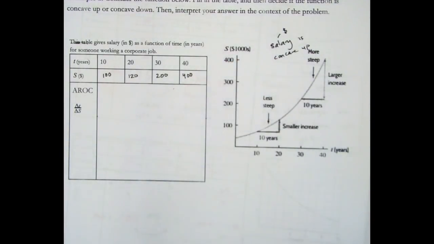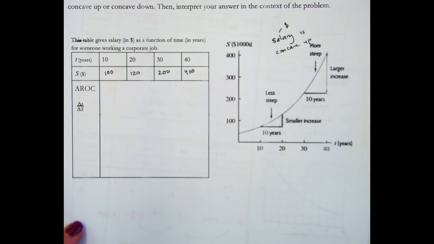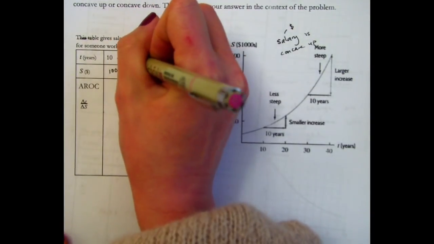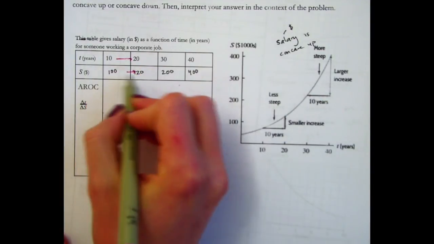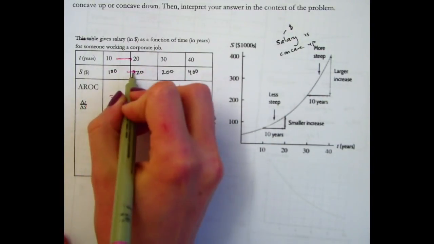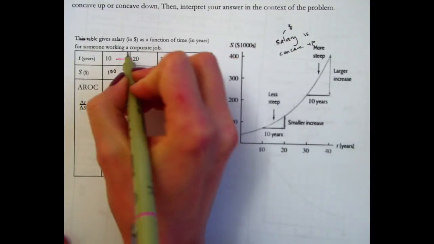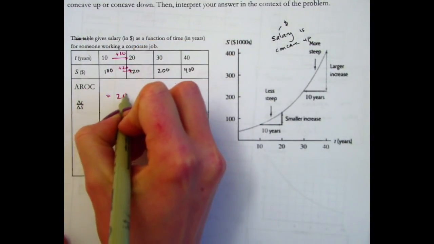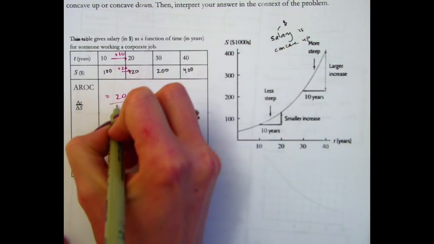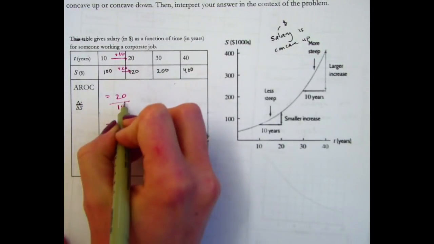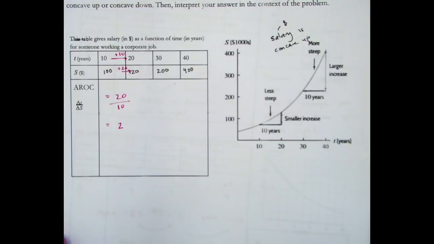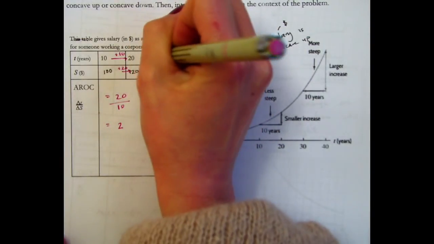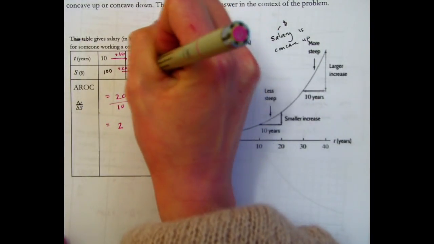Okay, I'm going to go ahead and calculate my rates of change. My change in y here is plus 20. My change in x is plus 10. So my rate of change is 20 over 10, which is 2. Now I have plus 10, plus 80.